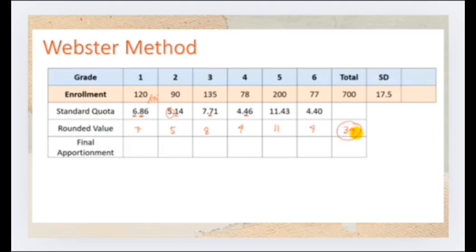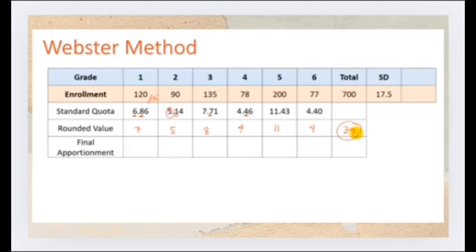Okay, so dito naman tayo sa pag-round off. Okay, so 6.86, yan yung standard quota natin. So, yung katabi ng 6 natin is 8, which is greater than 5 siya. So, kailangan natin i-round off kasi pag greater than 5 yung katabi ng number na first decimal is kailangan i-round off.